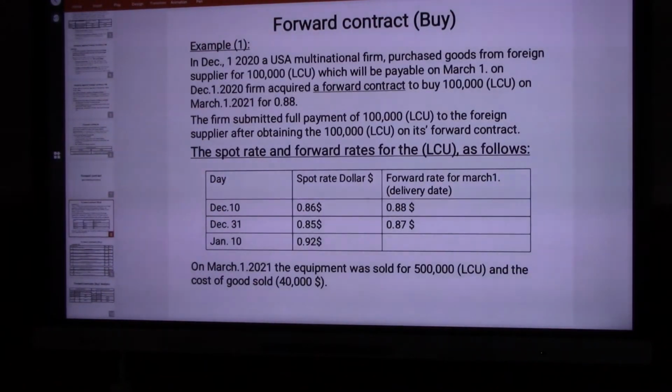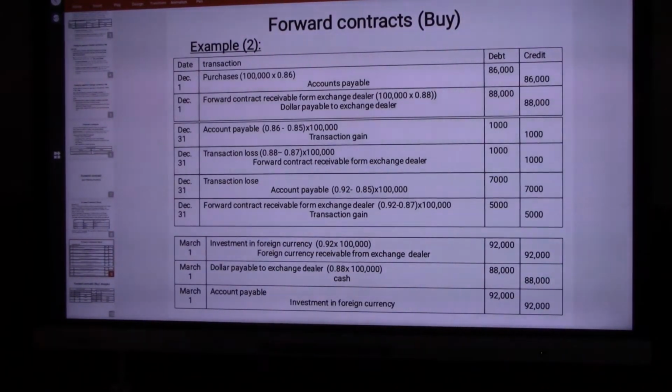The amount expected to receive from the exchange dealer has decreased from 0.88 to 0.87. So do you have a transaction gain or transaction loss? Since I see a decrease in the receivable, I will have a transaction loss. So the journal entry will be transaction loss to the forward contract receivable from exchange dealer.